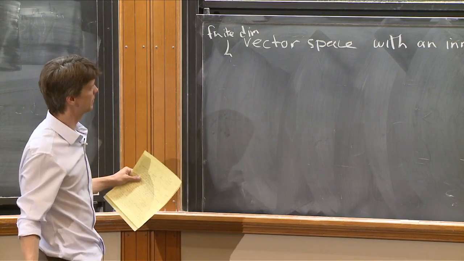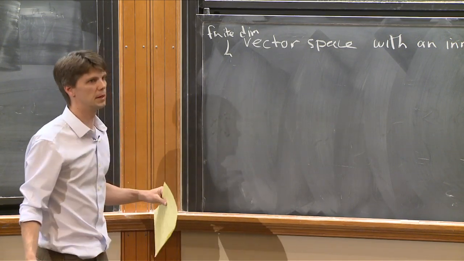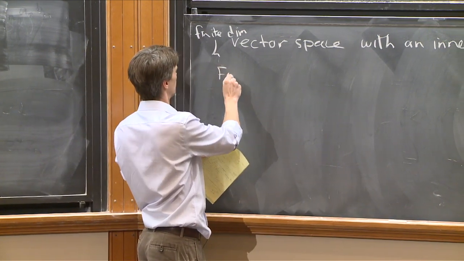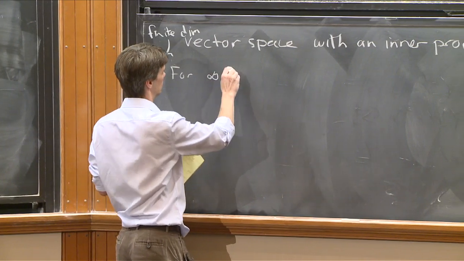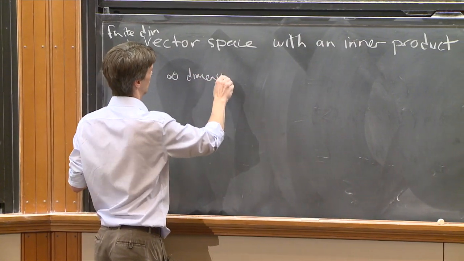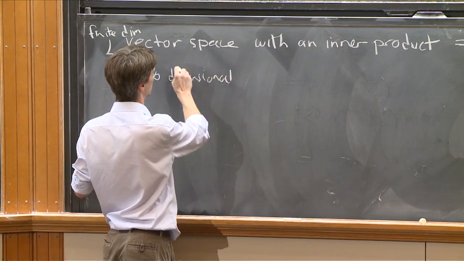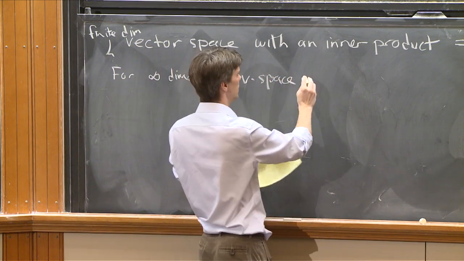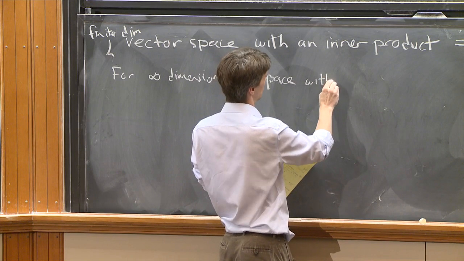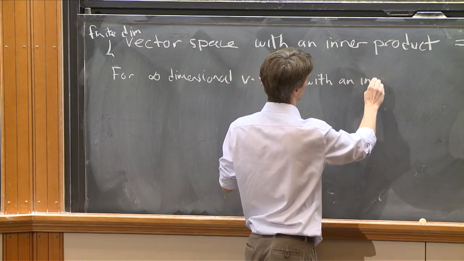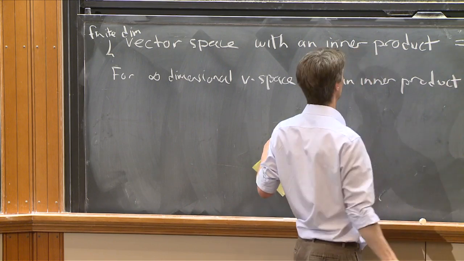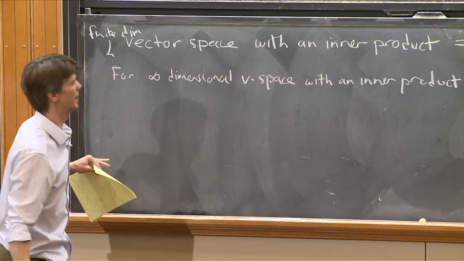But if we have an infinite dimensional vector space, we need to be a little bit careful. For an infinite dimensional vector space, we again need an inner product. We need to make sure that this space is complete.